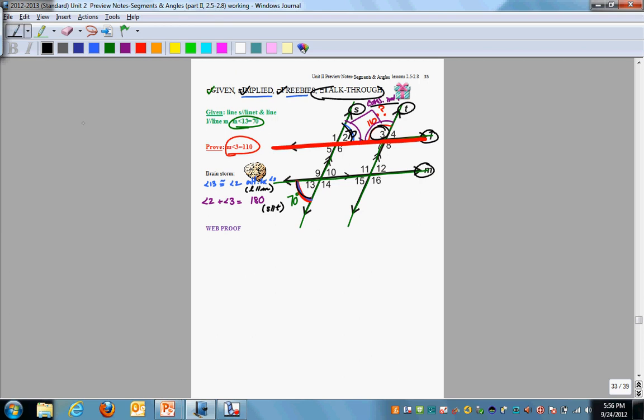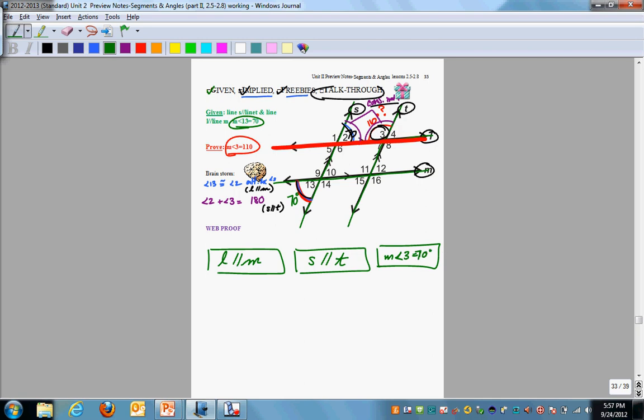So we're starting with 3 basic given pieces of information. That's our first 3 boxes: 1, 2, 3. We are given that L is parallel to M, S is parallel to T, and the measure of angle 13 is 70 degrees.